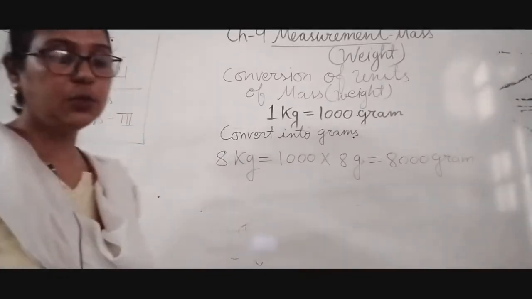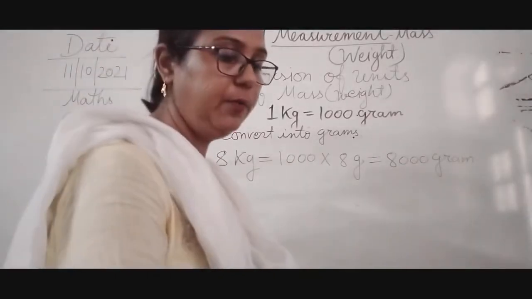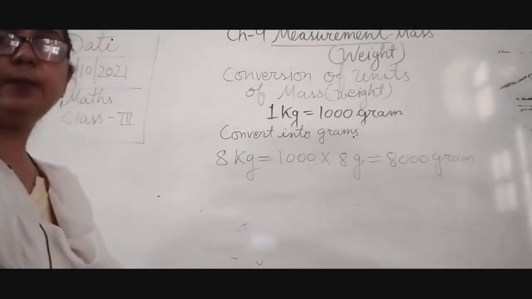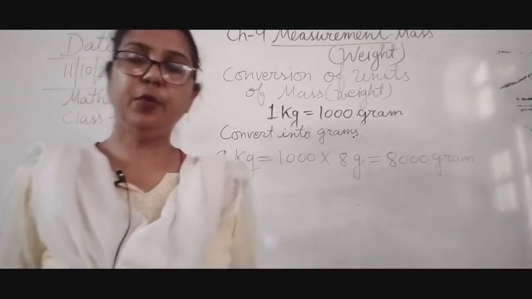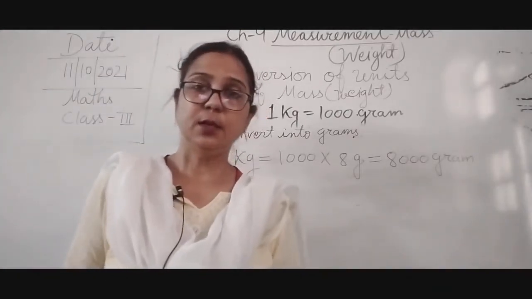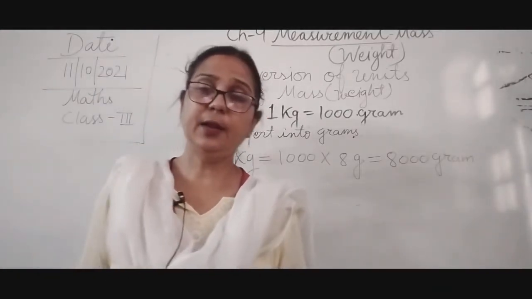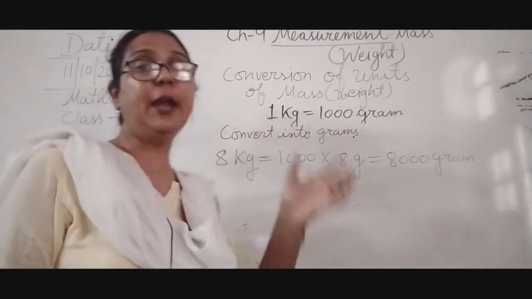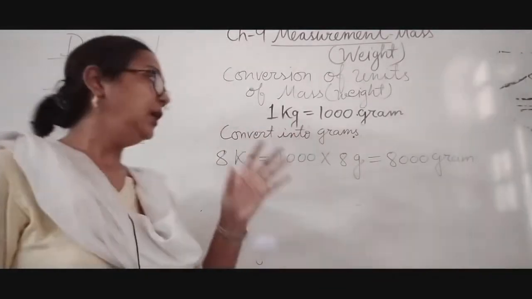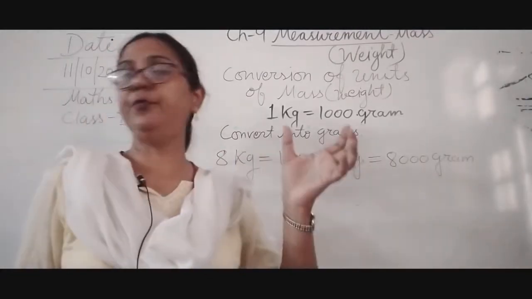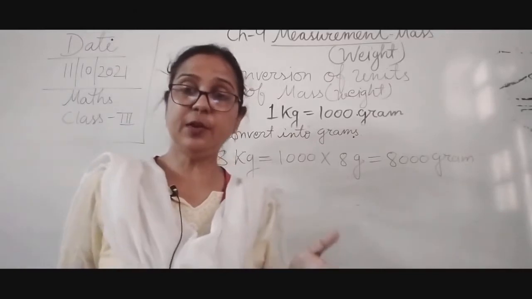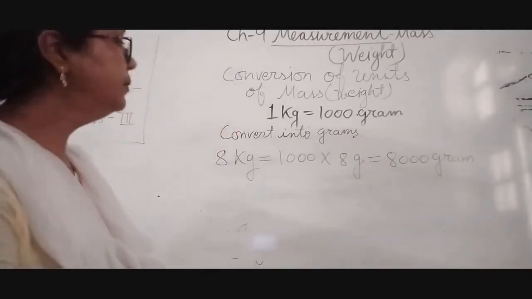Okay, so children, now we are going to start a few exercises. Before that, we will also learn that if kg is given along with grams, suppose it is given 1 kg 250 grams, how can we convert into grams? So children, we will learn this also.